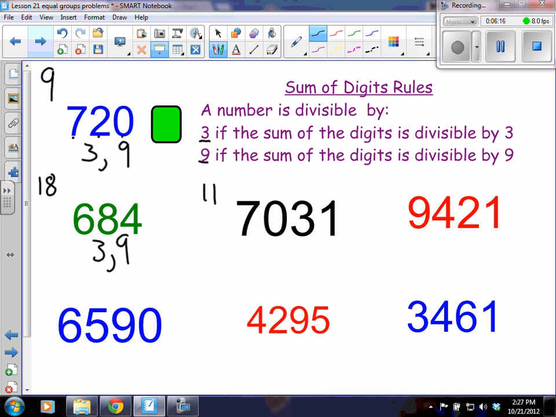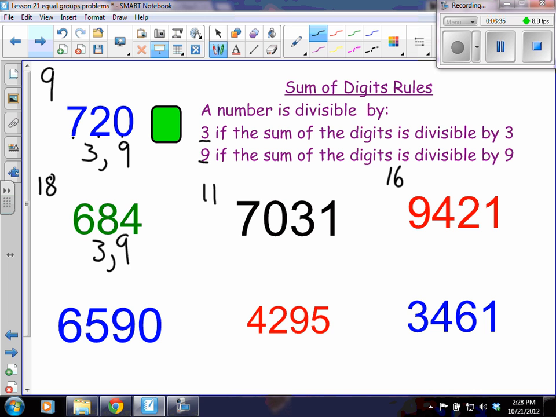Next we have 9 plus 4 is 13, plus 2 is 15, plus 1 is 16. So the sum of our digits is 16. Is 16 divisible by 3? No. Is 16 divisible by 9?